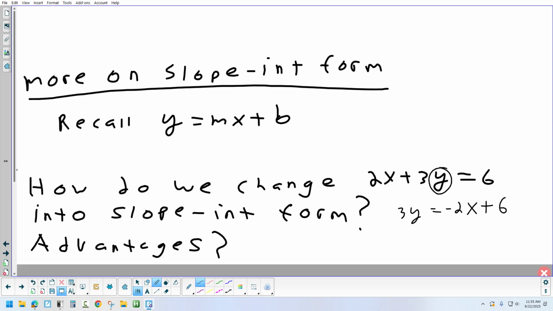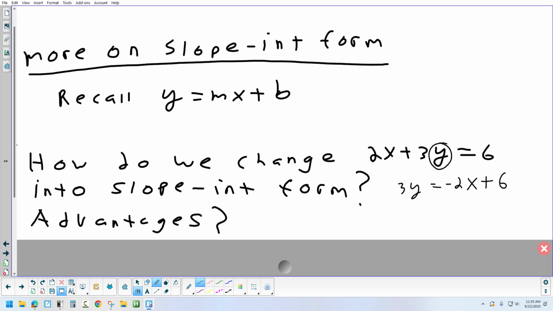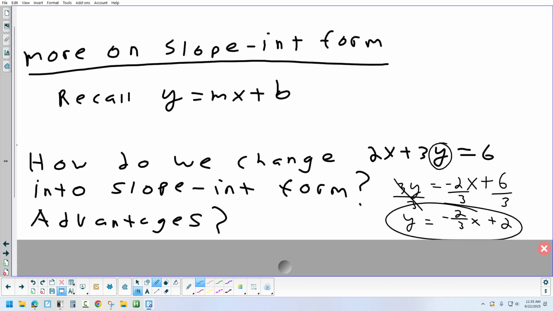Yeah, we still have to divide by 3. Could you have divided by 3 before you moved it over? Yes. And now you get y equals negative 2/3 x plus 2. What's the advantage of having it written in this format compared to the format it started in? I mean, technically it's the same thing, but there is a reason why we might want to get it in slope-intercept form.